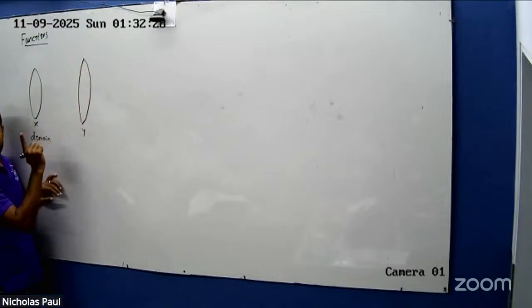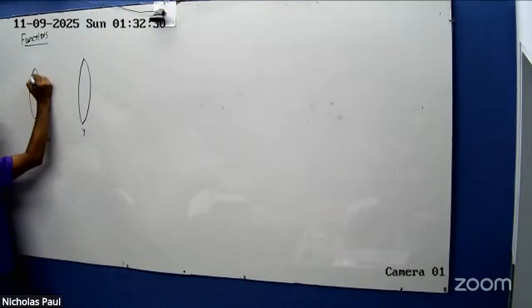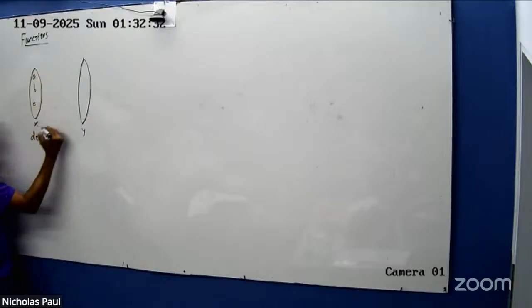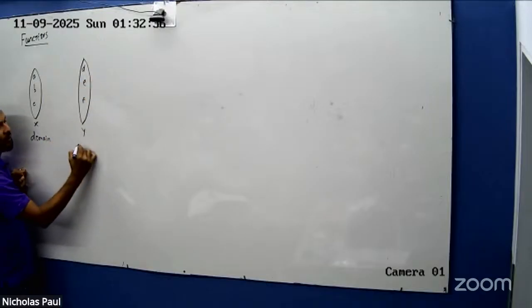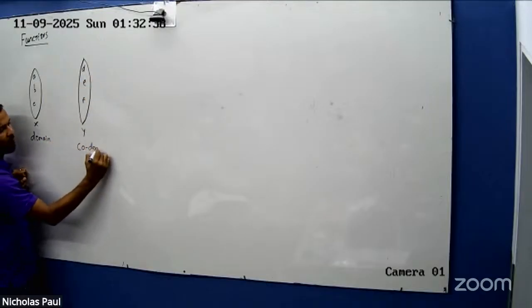What do you call these values here? Not yet. So if we have A, B, C, and D, E, F, we call these values your codomain.